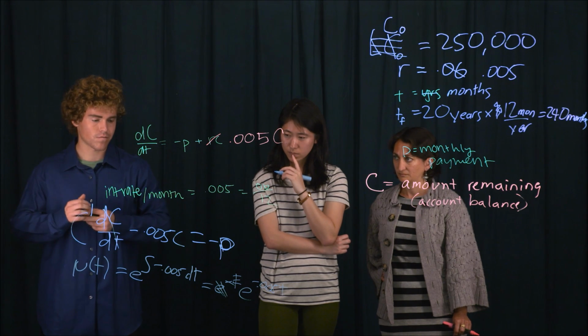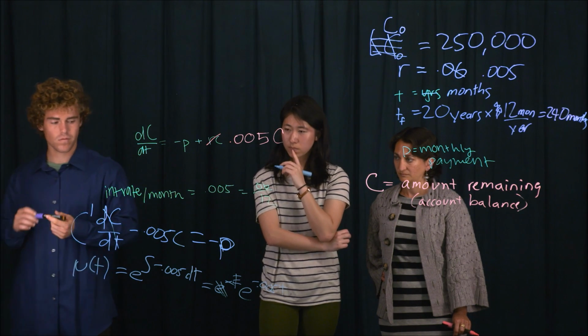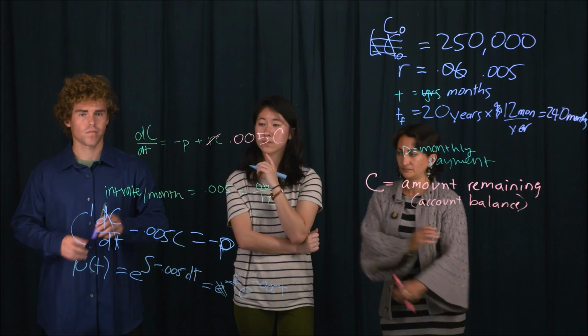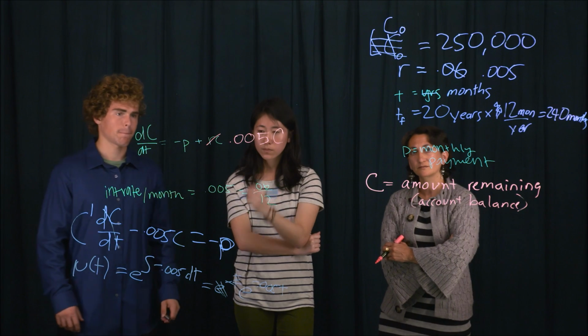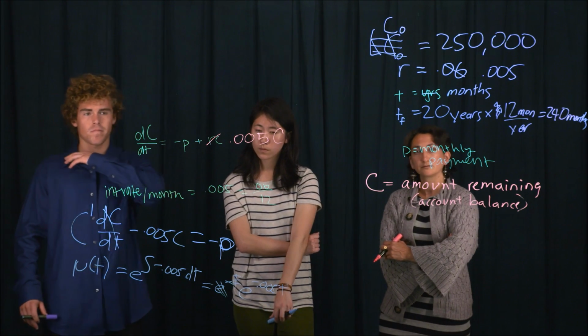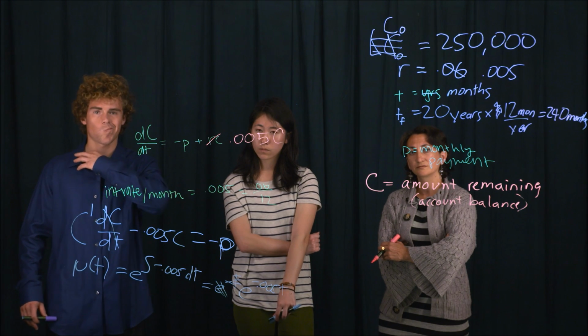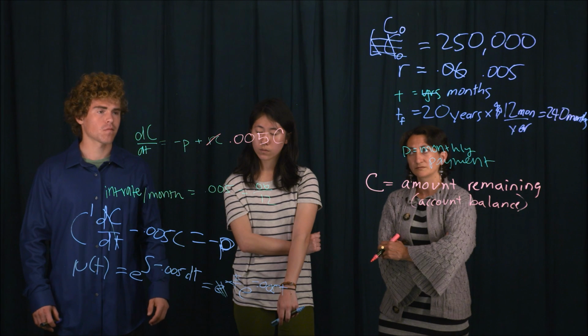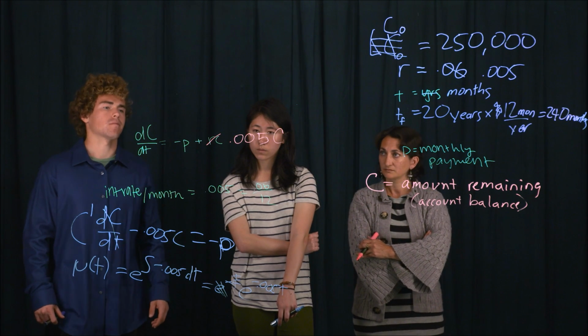But let me go back to my original question. Ruby, what Sam did was bring the C to one side and define the differential equation in that form. Let me ask you this: can we call negative P plus 0.005C a function of C?